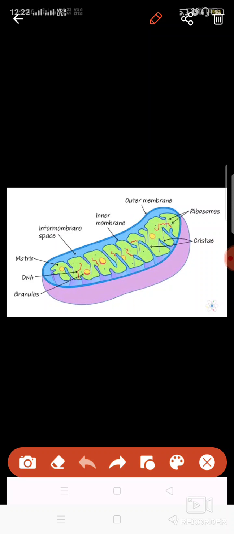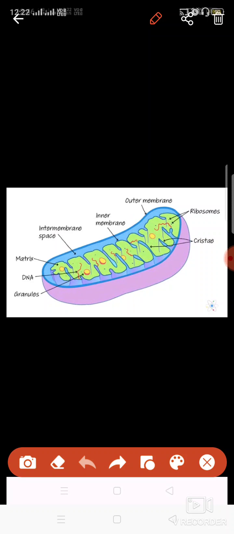Basically respiration is the process of breaking down food in the presence of oxygen to release energy. So these are the units of respiration which provide some enzymes to carry out this reaction.